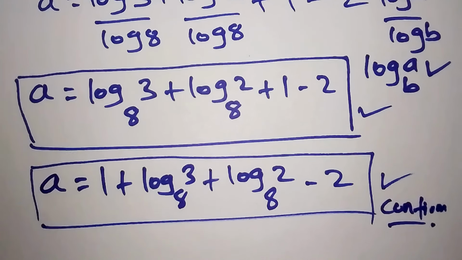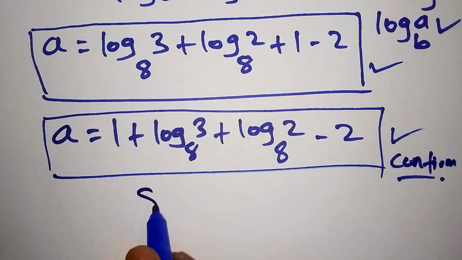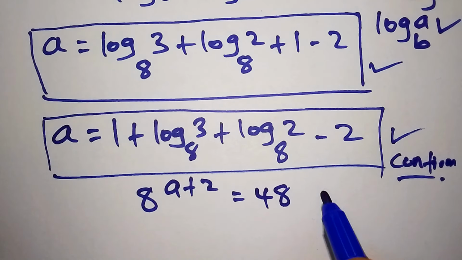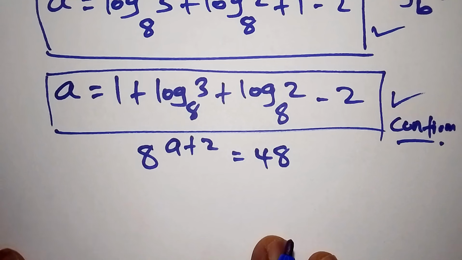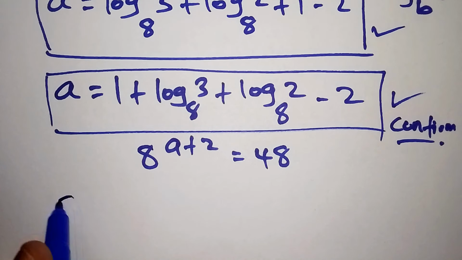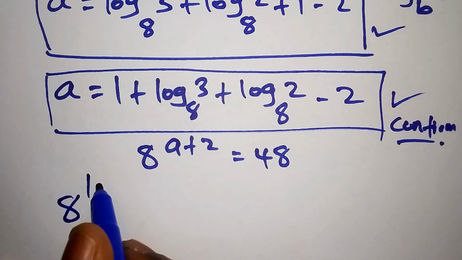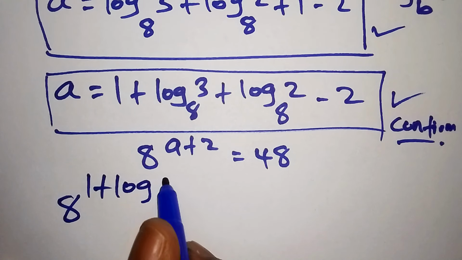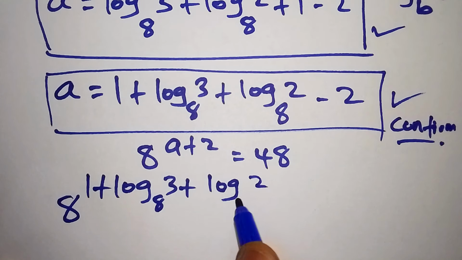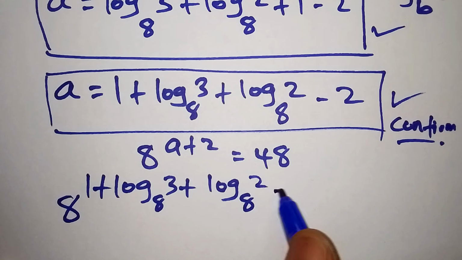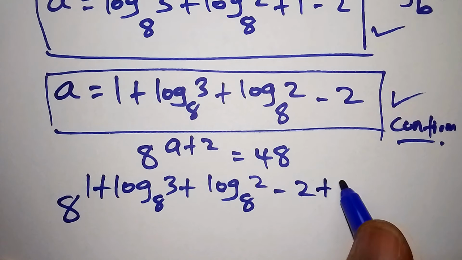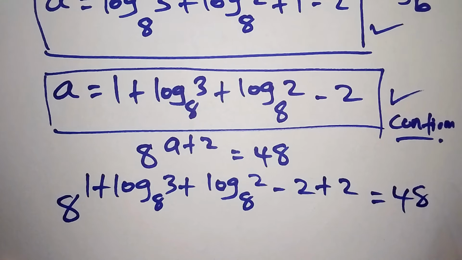We had the problem 8 to the power of a plus 2 is equal to 48. Instead of writing a, we bring in all of this. So we have 8 to the power of 1 plus the log of 3 to the base of 8, plus the log of 2 to the base of 8, minus 2, plus 2, is equal to 48.